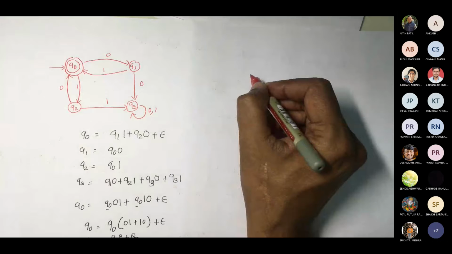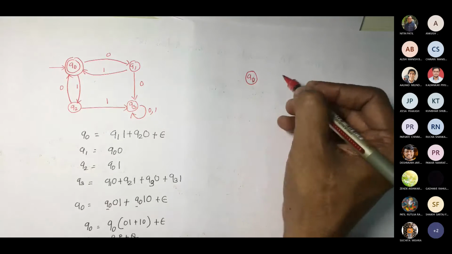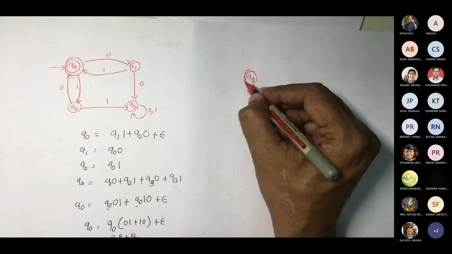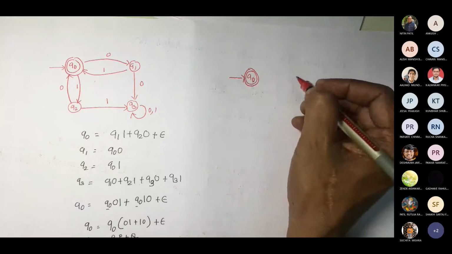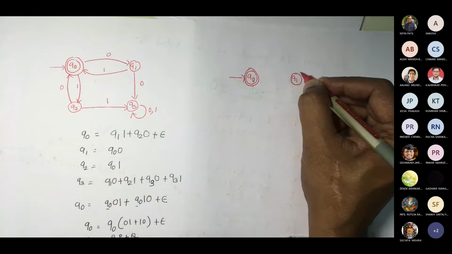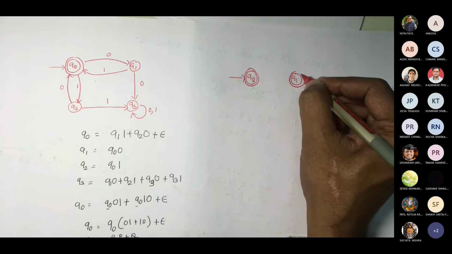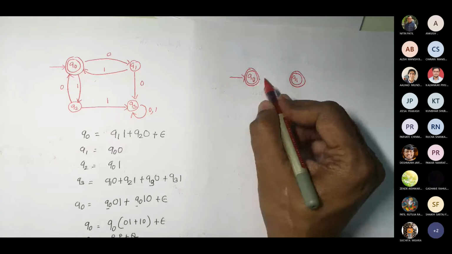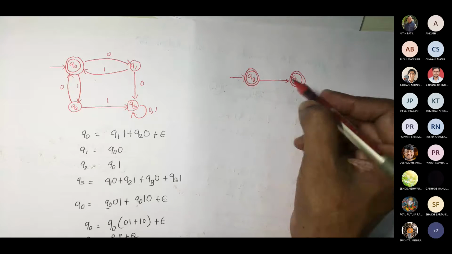Fine. So let me take this example. Your Q0 to be initial and final. Q1 not initial but final, because as per rule we should have only one initial state.